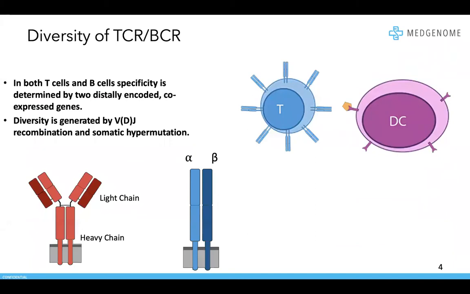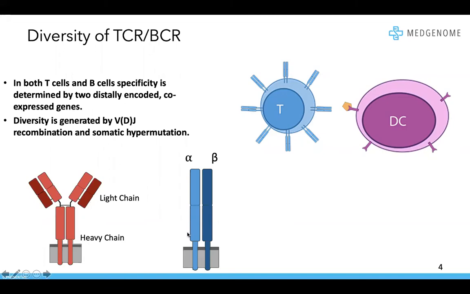But to start, B and T cell lymphocytes are the major players in the adaptive immune system. Their receptors are responsible for pathogen recognition, and they play a crucial role in the immune response. As you can see here, the B and T cell receptors are heteromers. The B cell receptor consists of two parts, the heavy chain and the light chain.